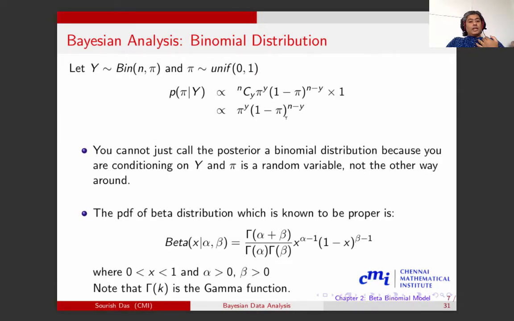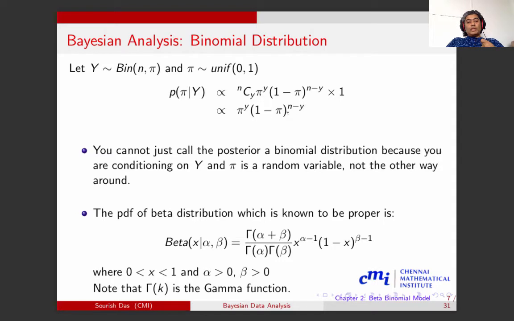However, there is another distribution which has a similar structural form, and that is the beta distribution. This is the PDF of the beta distribution with two parameters, alpha and beta. If x follows a beta distribution, it takes values between 0 and 1, with density proportional to x to the power alpha minus 1 and 1 minus x to the power beta minus 1.